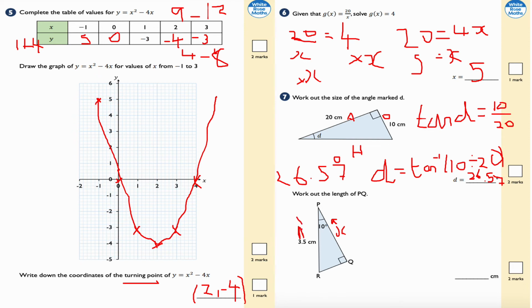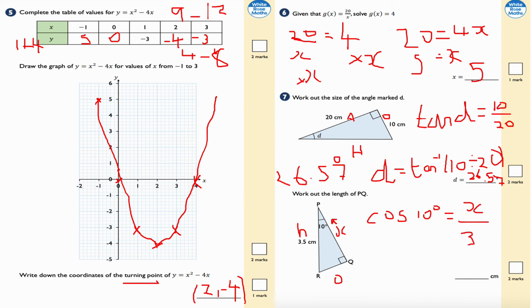So the A and H link the cosine rule. And then if you're interested, that's going to be my opposite. So A and H link the cosine. So it's cos of the angle, cos of 10 is equal to the adjacent, which is X, divided by 3.5.